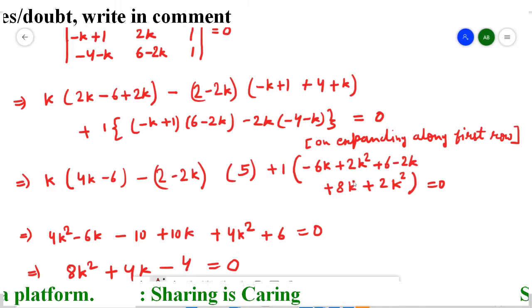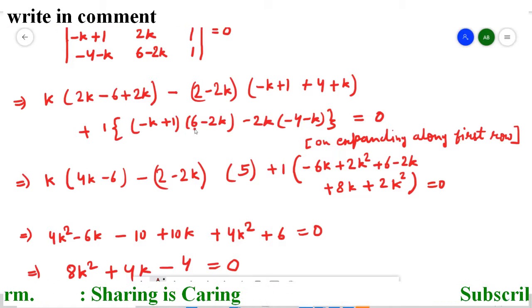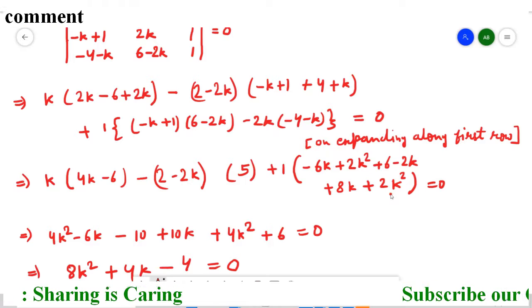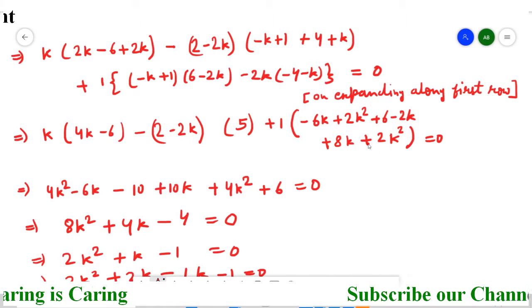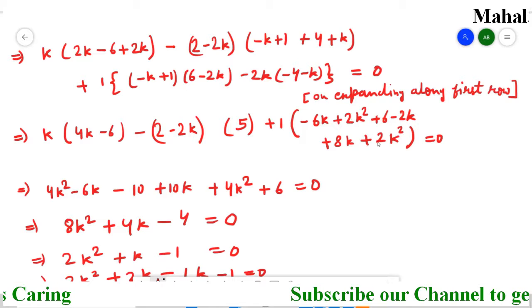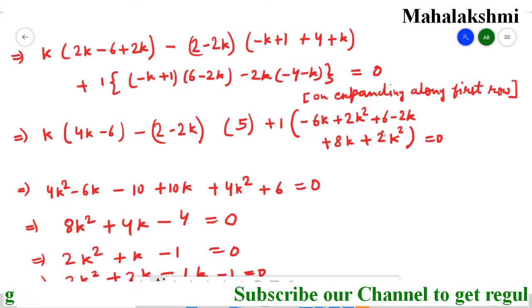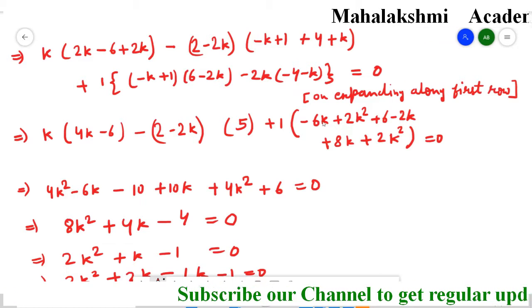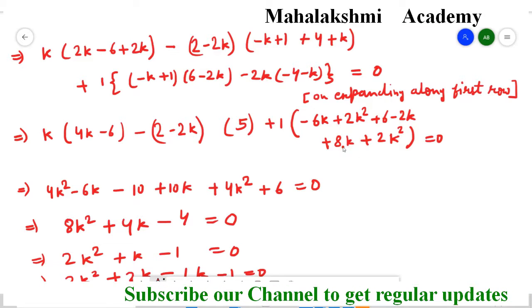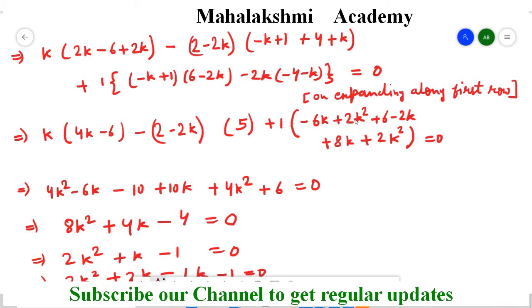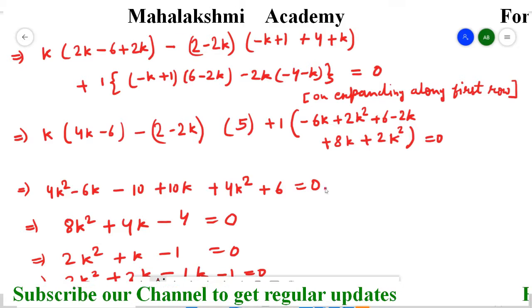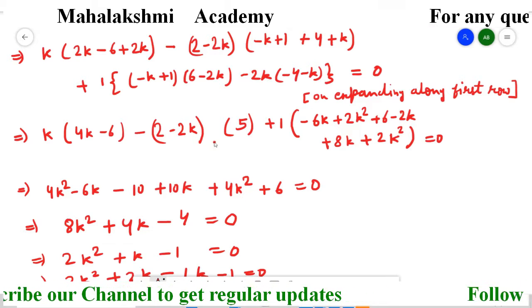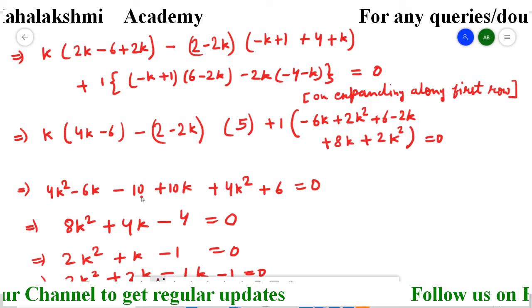I open the brackets here, I open both the brackets, these 2 brackets and this bracket also, and after that I simplified. So here you can see 2k plus 2k is 4k, and this is negative 8k and positive 8k, which cancelled. So we are left with only 4k square and 6. And here I have multiplied them, so I obtained these 2 terms.